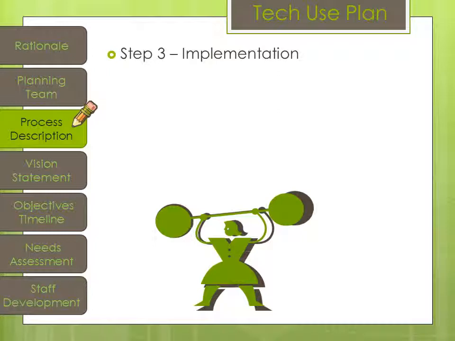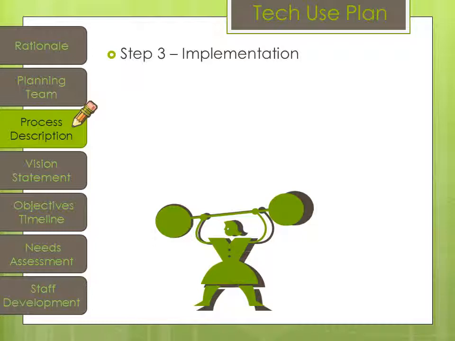This brings us to step 3, implementation. Now, once goals are established and technology use is prioritized according to needs, administration works with teachers to provide the most cost-effective tools and resources, and to implement that technology in a manner that is timely and efficient.